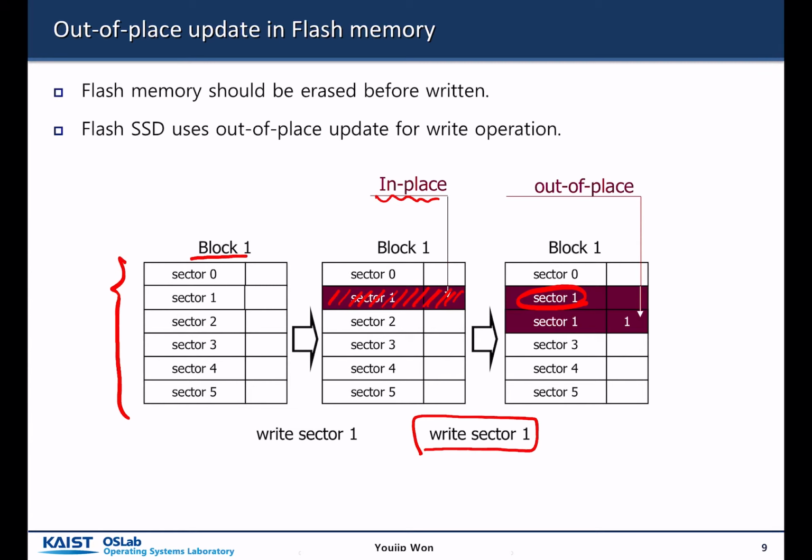So as a result, what flash memory does is write whatever contents to the next sector, and mark it as the valid sector 1. That's what we call out of place. So this is the basic rule for updating the flash memory.